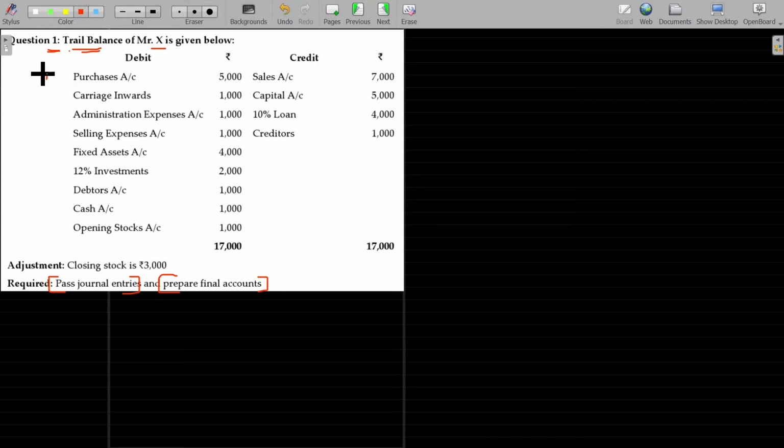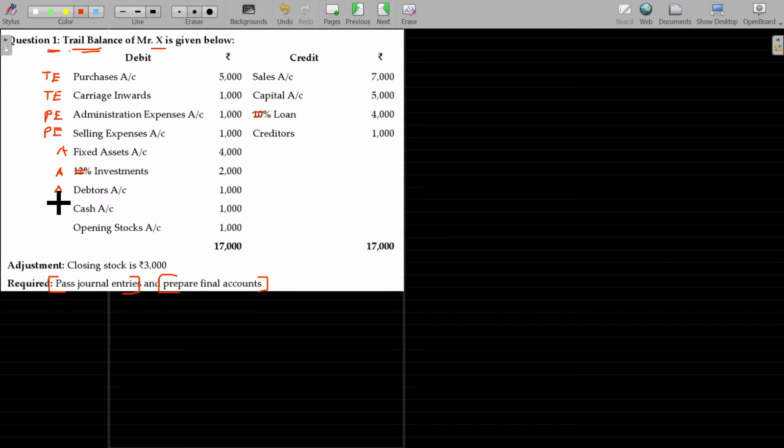Purchases will go to the trading account, debit side. Trading expenses: carriage inward, trading expenses. Administration, P&L account expenses. Selling expenses, P&L account expenses. Fixed asset, 12% investment asset. Okay, cancel the 12% here. I just eliminate this.